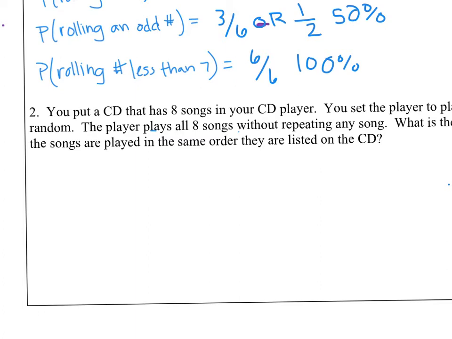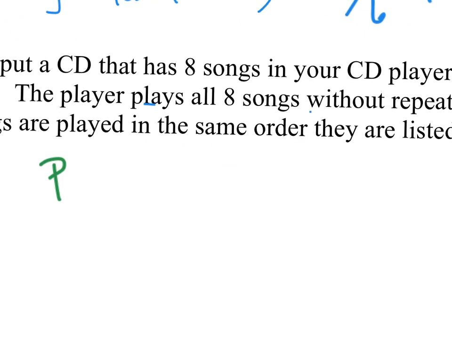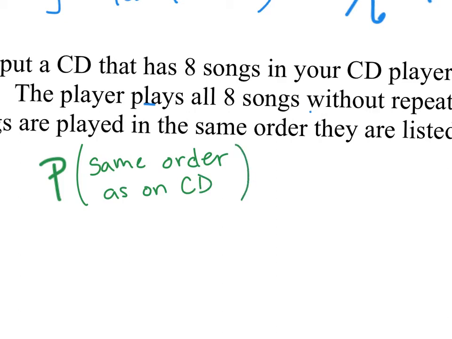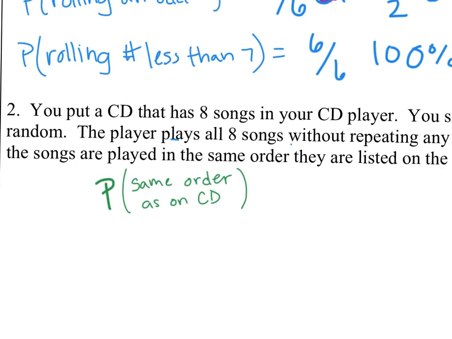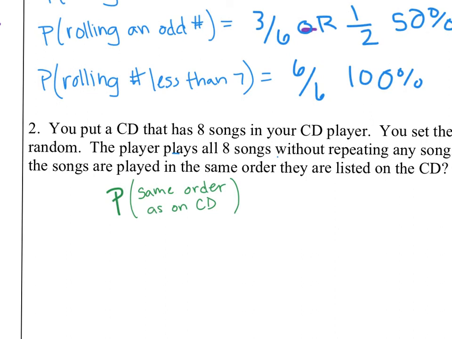So we want to find the probability that they are in the same order as on the CD. Most of you guys may not even own CDs anymore, but that's what we're trying to find the probability of.